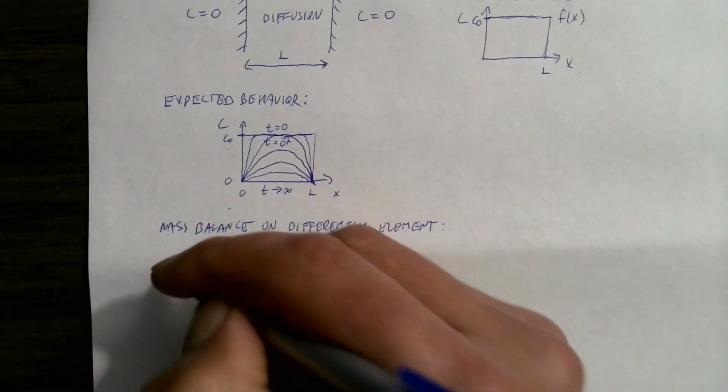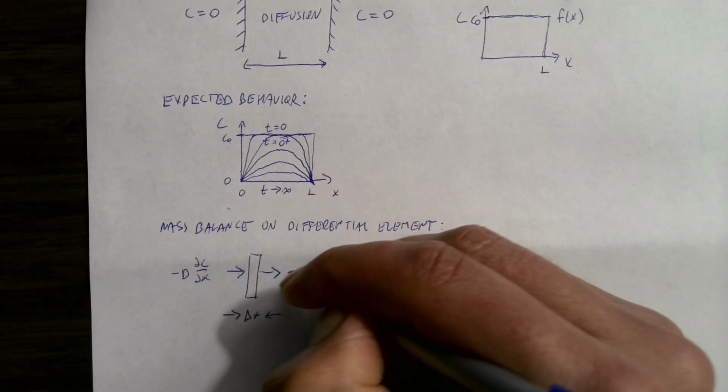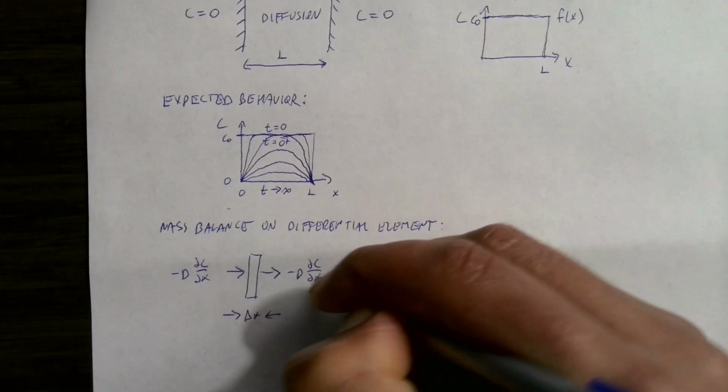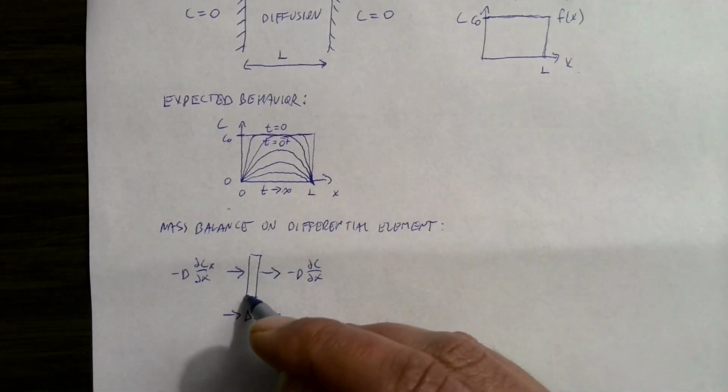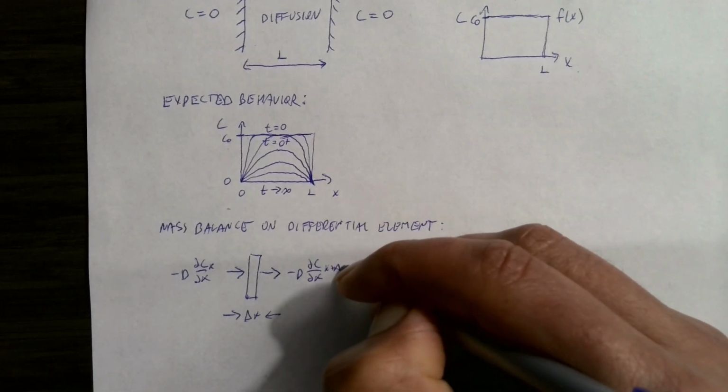There can be a flux that comes in, and that flux from Fick's first law is dc dx, and this is at location x right here, and then here this is x plus delta x.